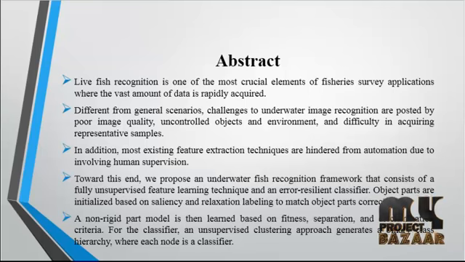A non-rigid part model is then learned based on fitness, separation and discrimination criteria. For the classifier, an unsupervised clustering approach generates a binary class hierarchy where each node is a classifier. Hence, we achieved a recognition rate that correctly identifies the type of fish.